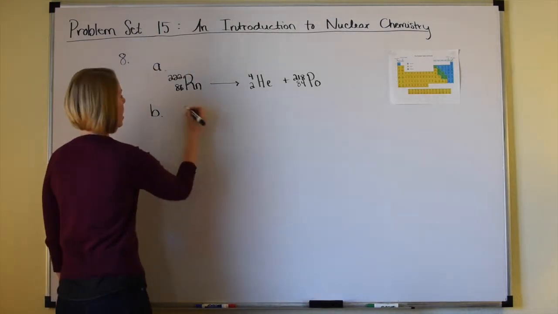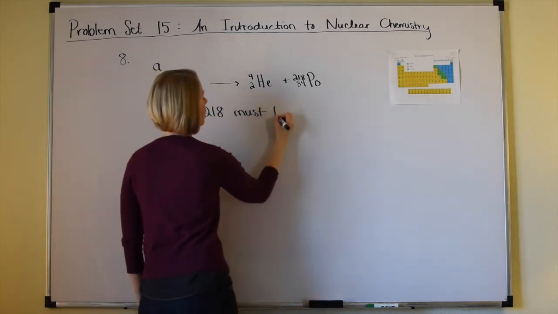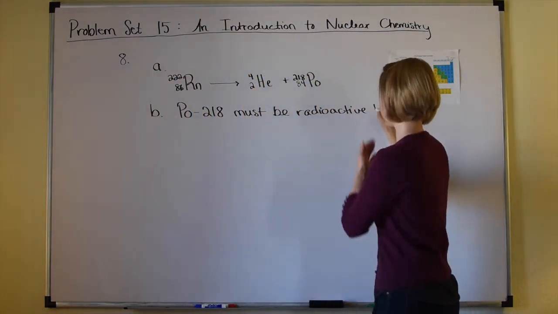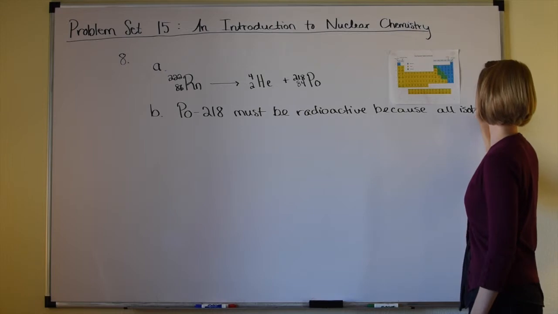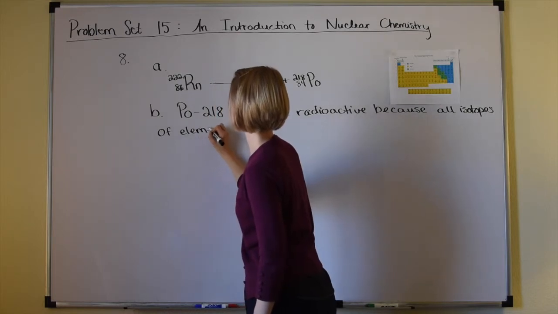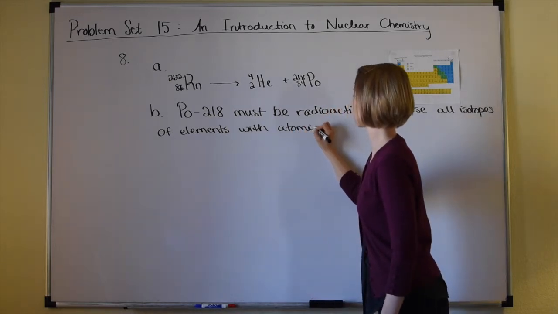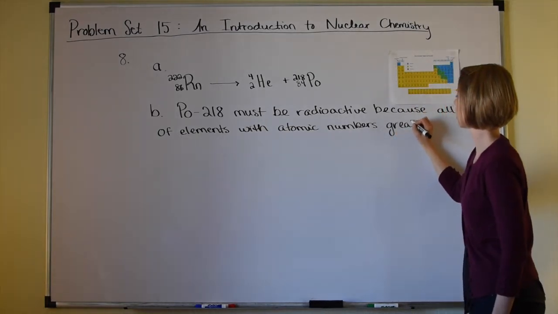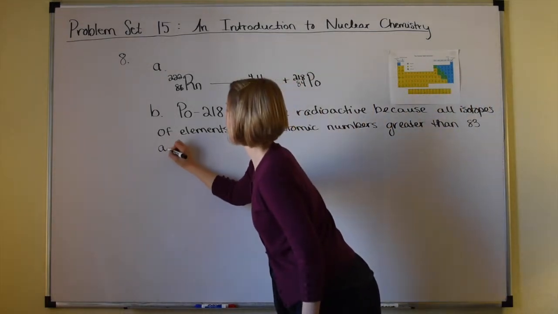So we're going to write for B that polonium-218 must be radioactive or unstable because all isotopes of elements with atomic numbers greater than 83 are unstable.